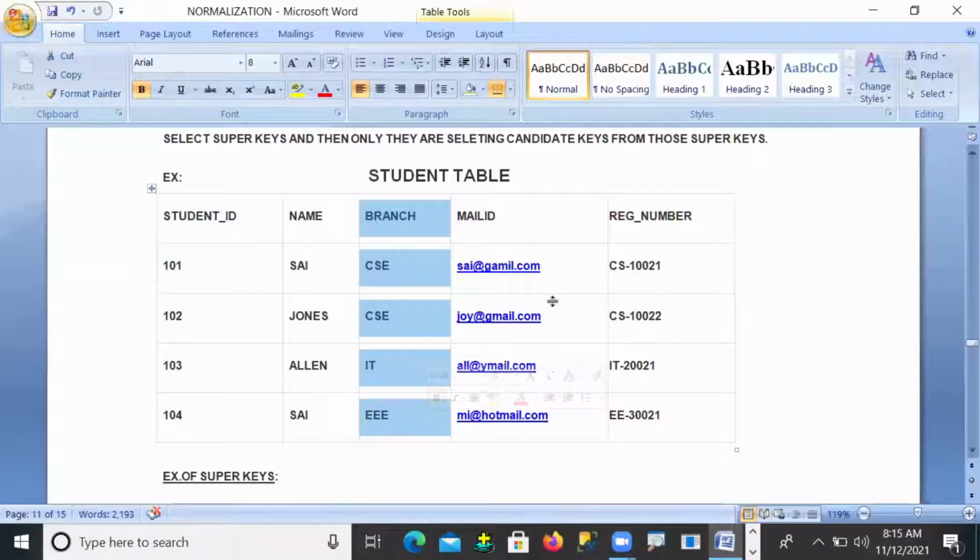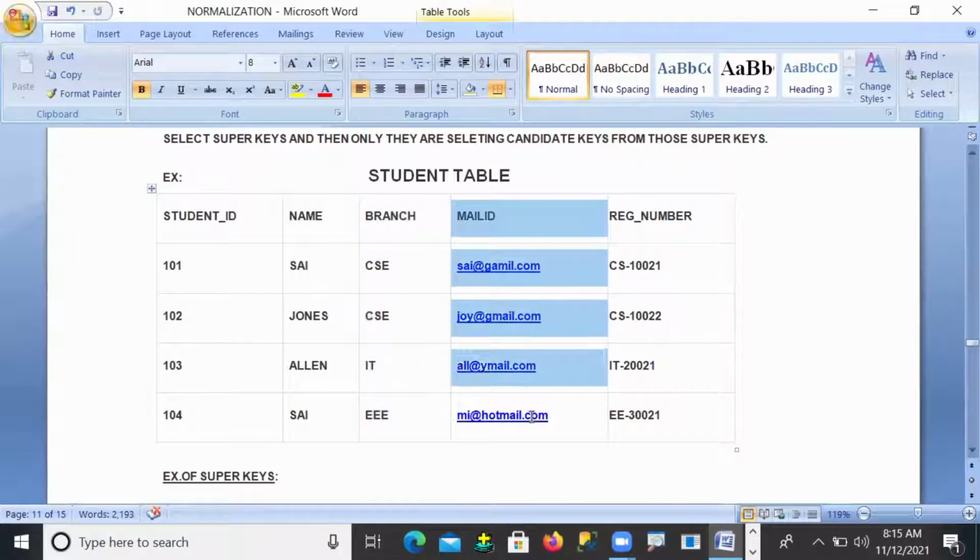Next, find out mail ID. Is mail ID a super key column?